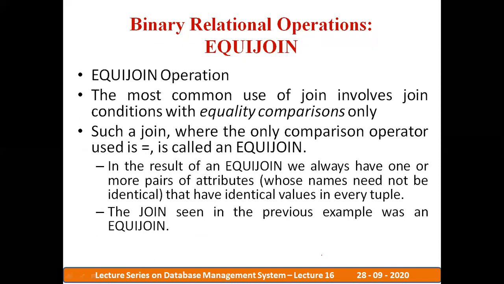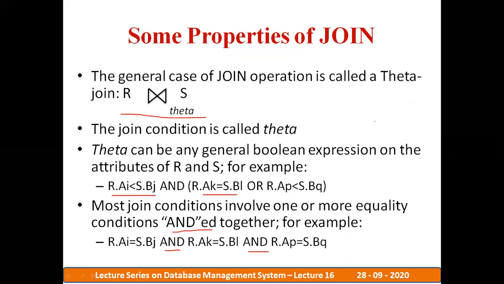Now the theta join, when we are only using the equals-to operator, we call an equijoin. The most common use of join involves join conditions with equality comparisons only. In the previous example, we may be using the less than symbol, greater than symbol, or equals to symbol, and or also.